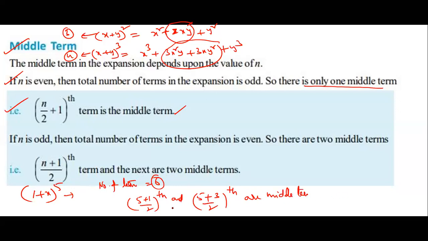What are they? Third term and fourth term. That is the answer. So proceeding for the next case, see.